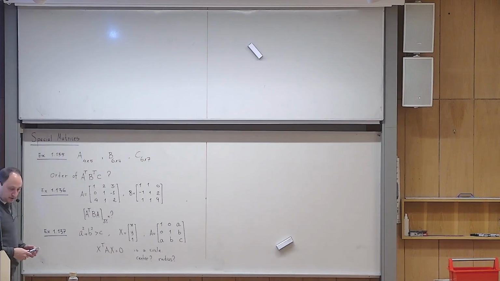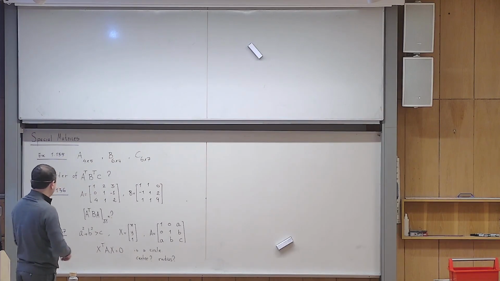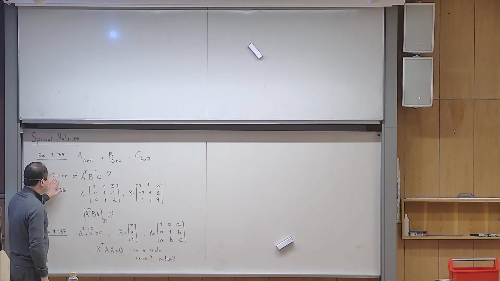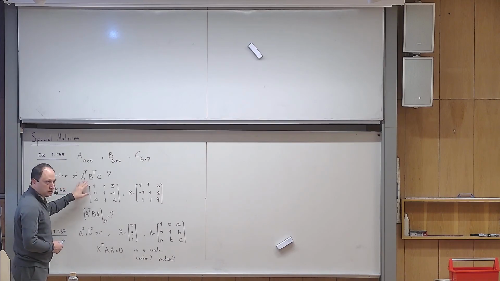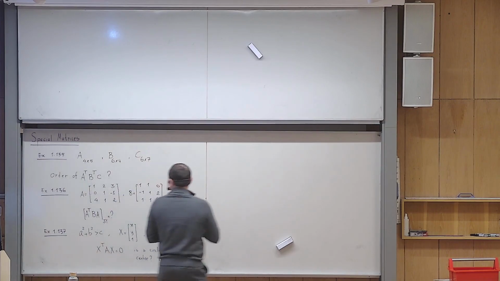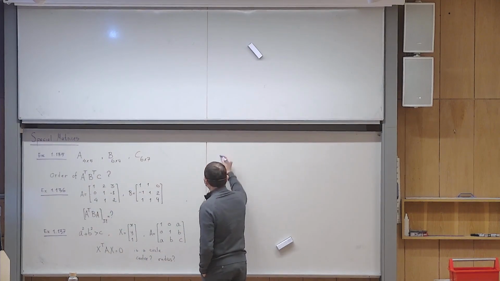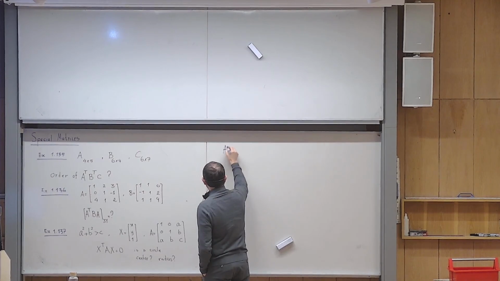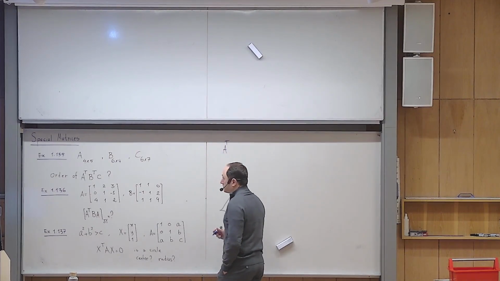Okay, so let us solve the problem. I think the first one is easy, yes? I have given you three matrices with corresponding orders, and we want to know the order of this matrix. So what will be the order of A transpose?